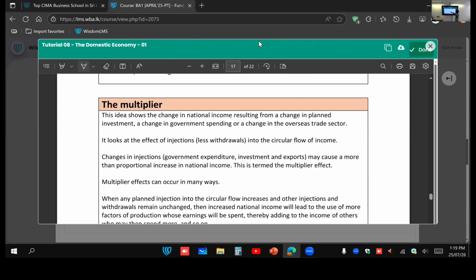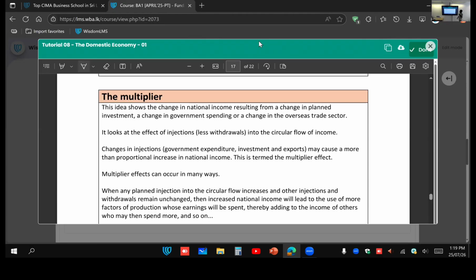multiplier. This idea shows the change in national income. Now, previously, for the accelerator to happen, what's the first step which happened? National income levels increased, right? So that's why the government, not our government generally, that's why the government is trying to increase the standard of living of every individual. They try to give government grants to the farmers, to the rural people, everybody.